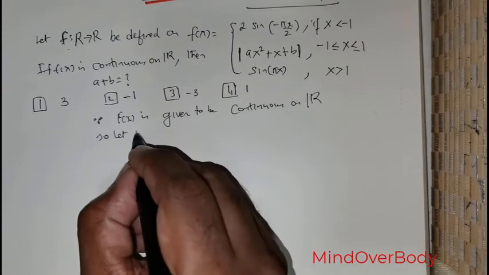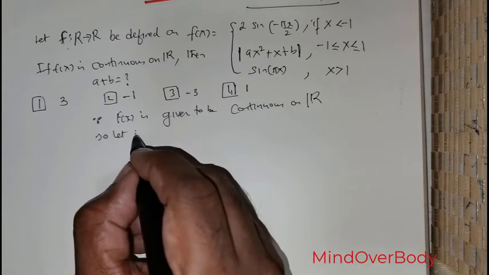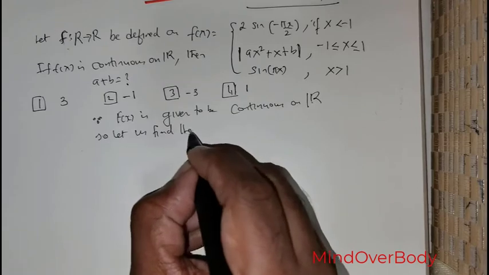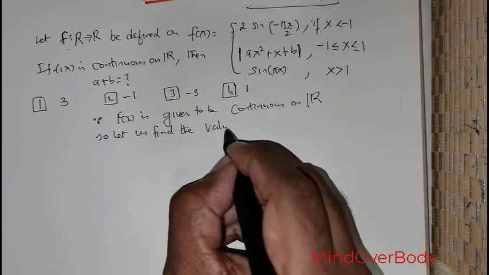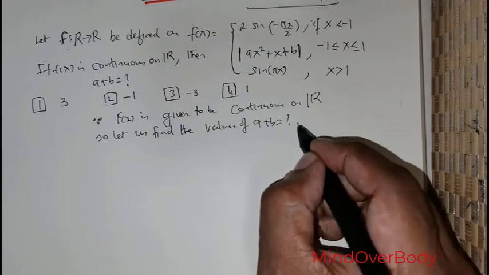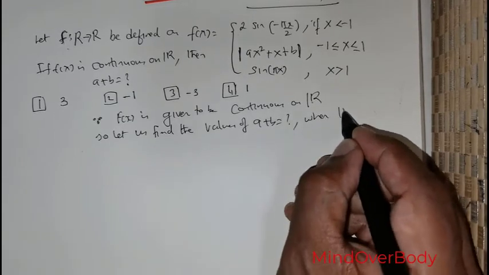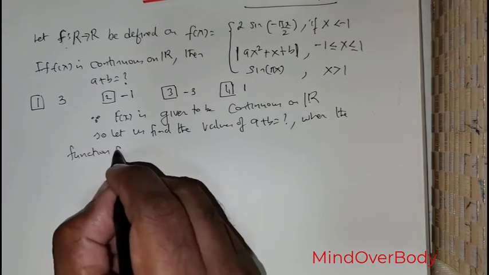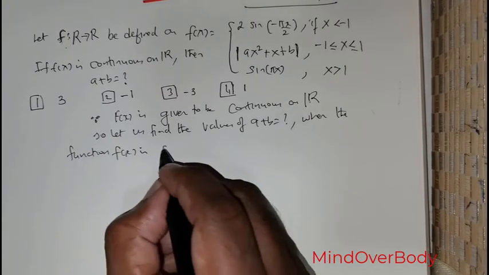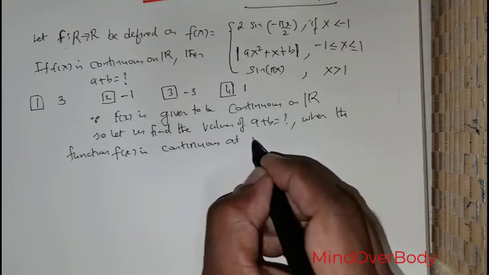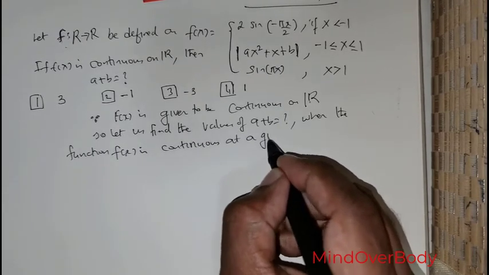So let us find the values of a plus b when the function f of x is continuous at a given point.